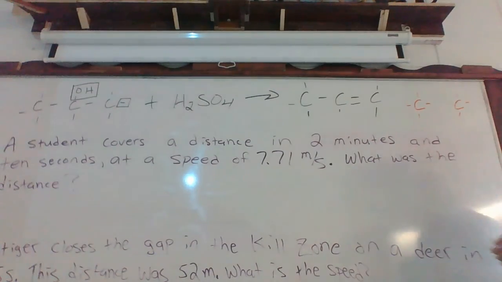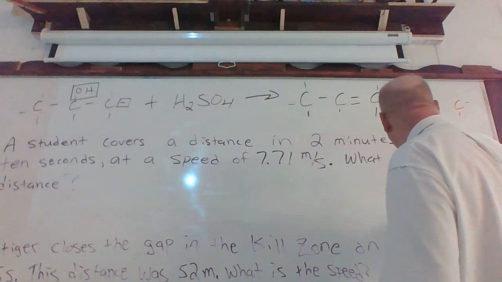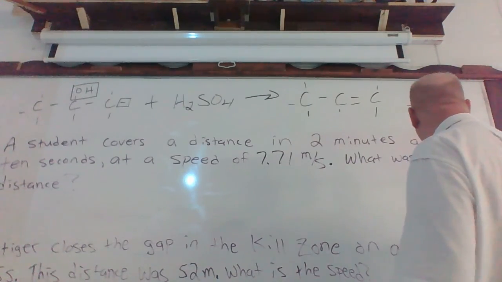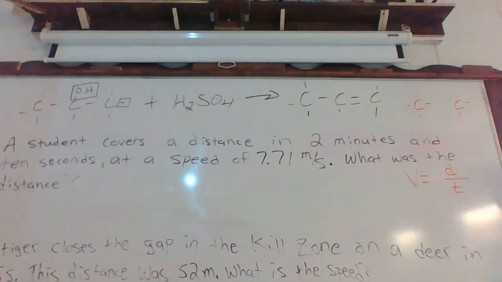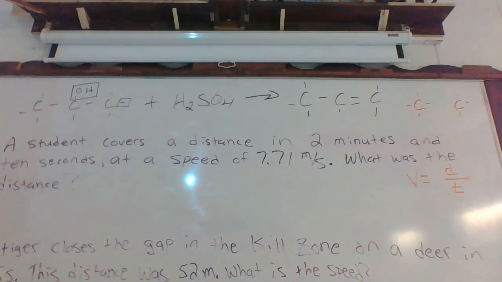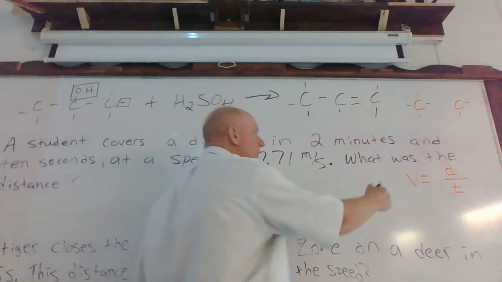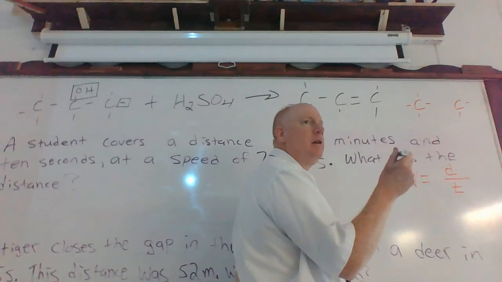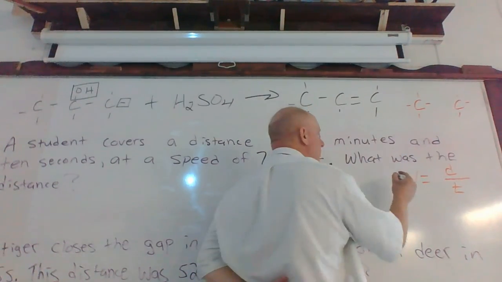All right, so velocity equals a distance over a time. Okay? So if that's the formula, the labels for those would be as follows. How do we measure speed or velocity? In meters per second.